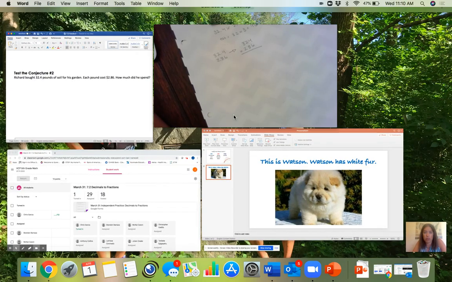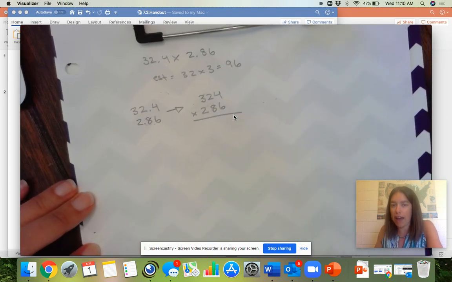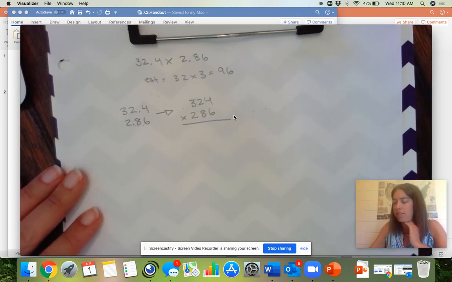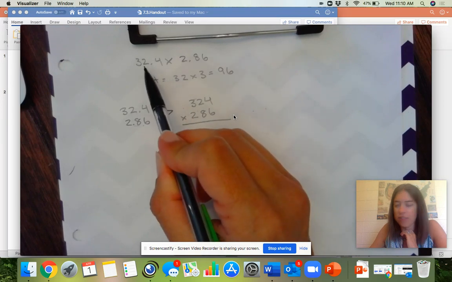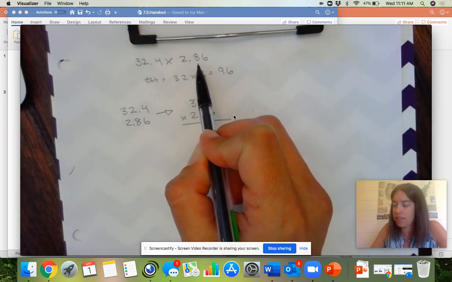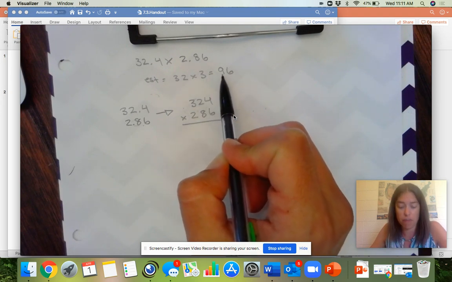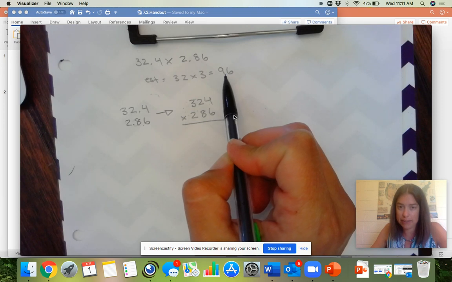Let's just check in really quick about our estimate. When I went to estimate this product, I rounded my 32 and 4/10 to 32, and I rounded 2 and 86 hundredths to 3. When I multiplied those, I knew I was looking for an answer of about 96.